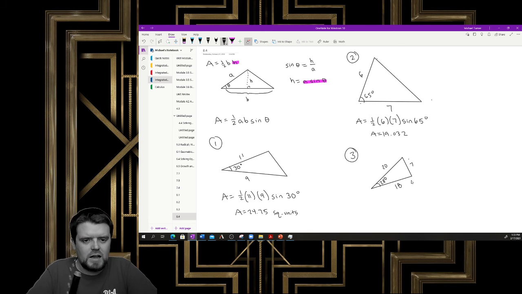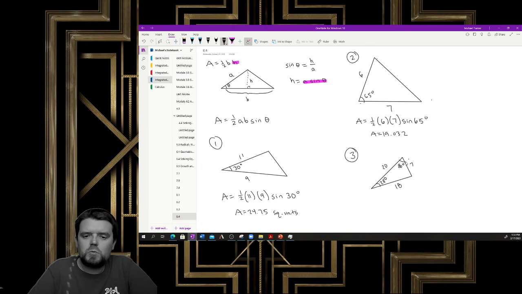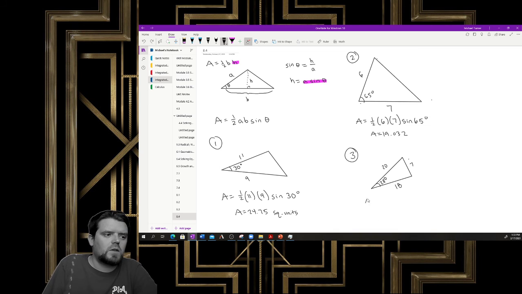Again, it's possible that you're given more information than you need. It's also possible that if I gave you, let's say, the angle up here, call it 80 degrees, there could be more than one way to solve this problem. But if you're using the area formula, you need to use the angle and the 2 sides that make up that angle.